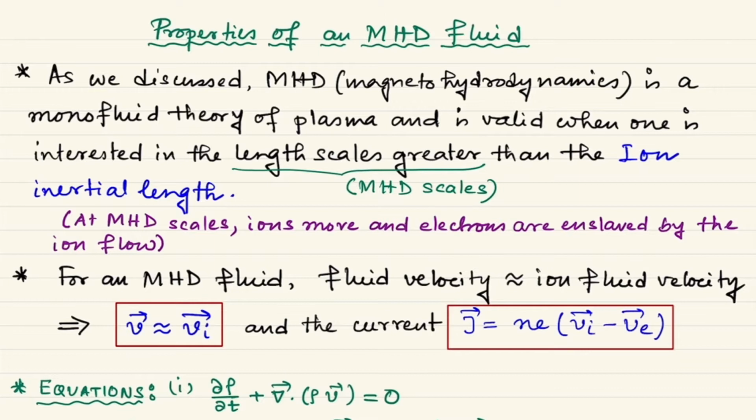Roughly, what happens in the MHD regime is that we are at such a large length scale or time scale that the ions are moving considerably, and electrons are enslaved by the ion flow.